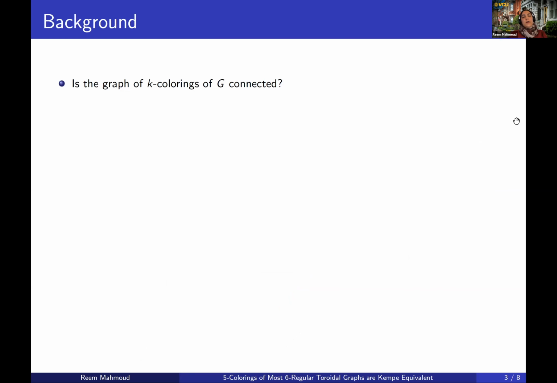Let me give some motivation for our work. We're often interested in sampling a typical k-coloring of a graph G, but counting exact combinatorial structures, in this case the number of proper k-colorings of a graph, is often a computationally hard problem.